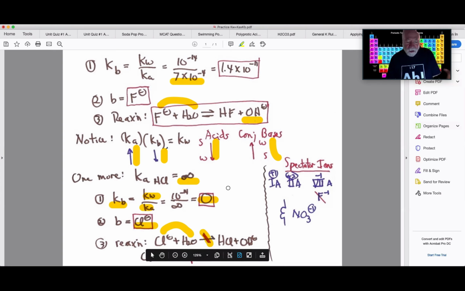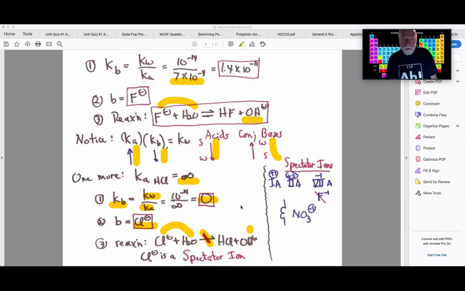Now, we have a very special name for an ion that does not react with water. It is called a spectator ion. So chloride is a spectator ion. Now, you will do yourself a giant favor if you memorize the key spectator ions. So look on the right side right here. It's really a nice trend in terms of the periodic table.